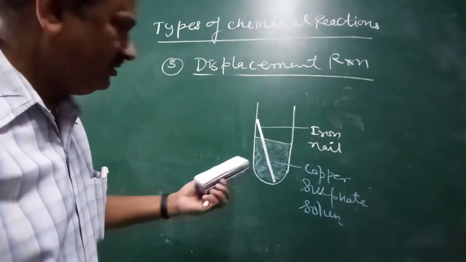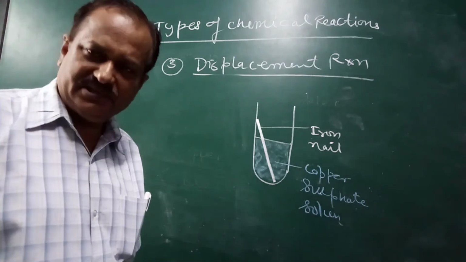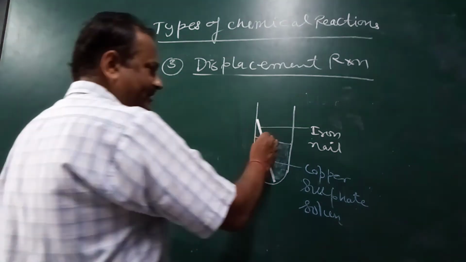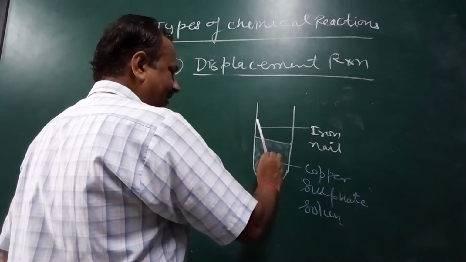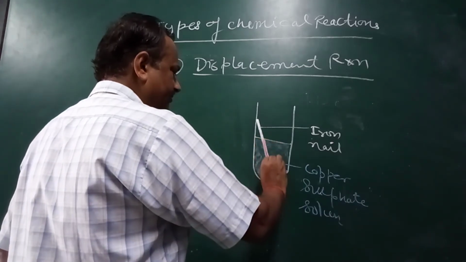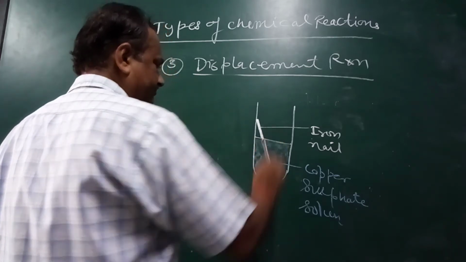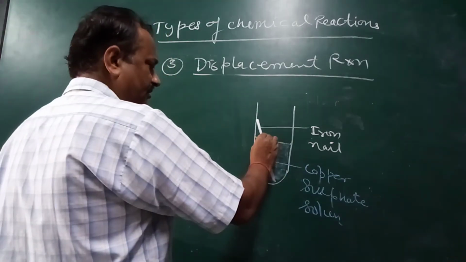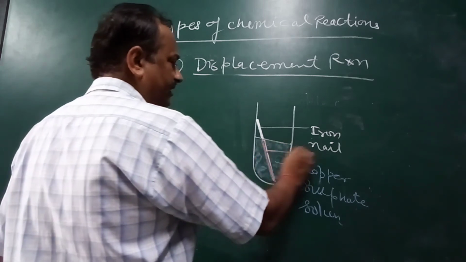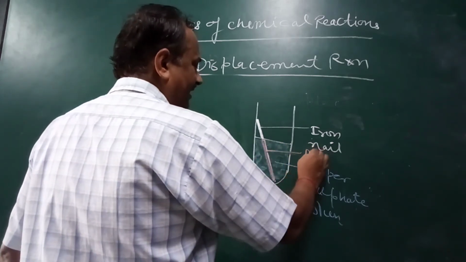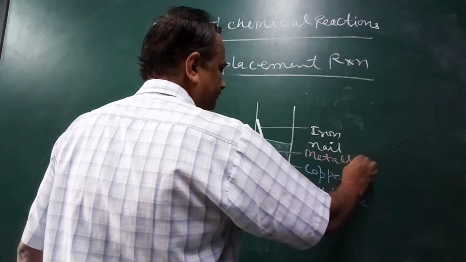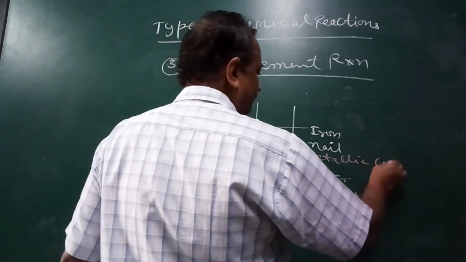Now let it wait for 10 minutes or half an hour. You'll notice there is a layer of brown colored copper, which is the metallic copper.